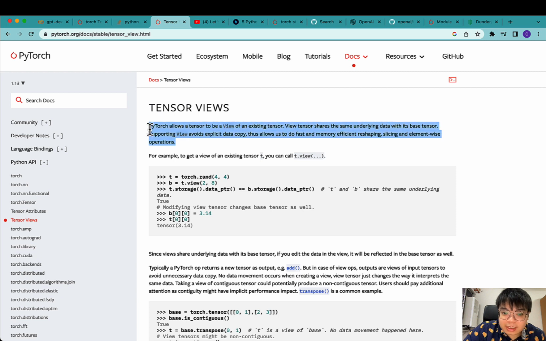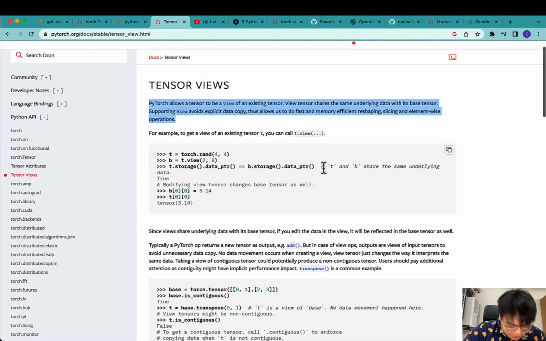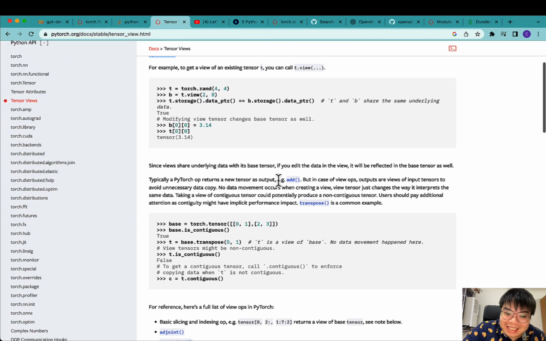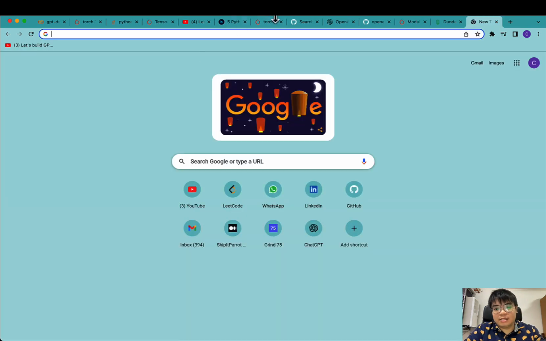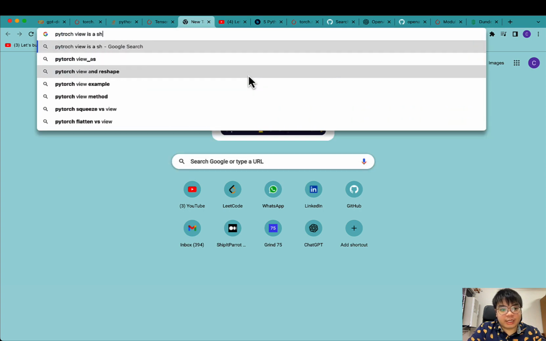Okay, so view is like a... Oh, view is a shallow copy, I guess, and a copy is a deep copy. PyTorch view is a shallow copy.